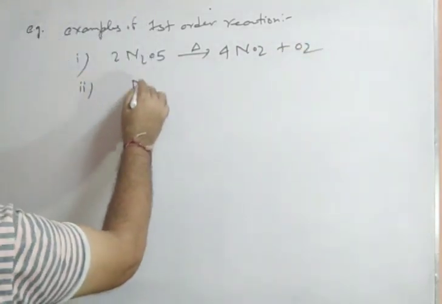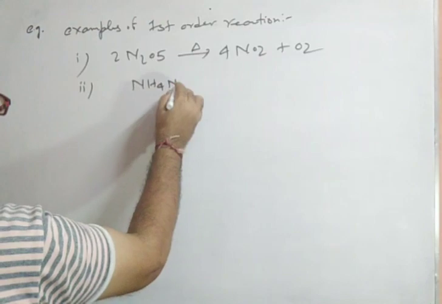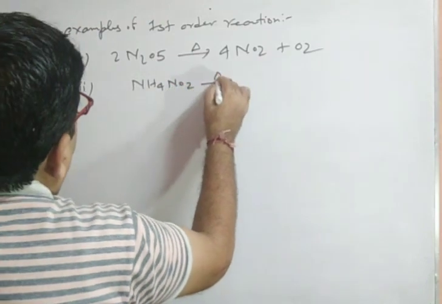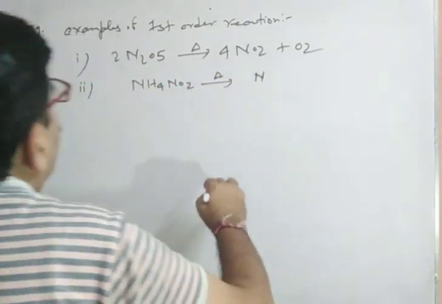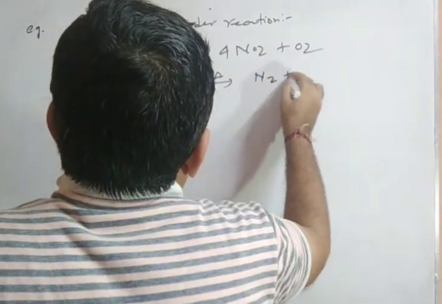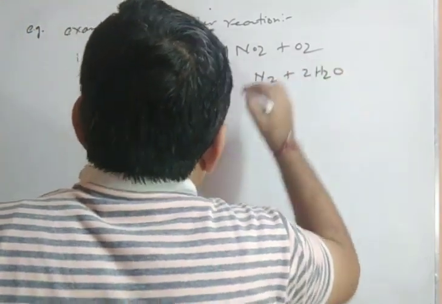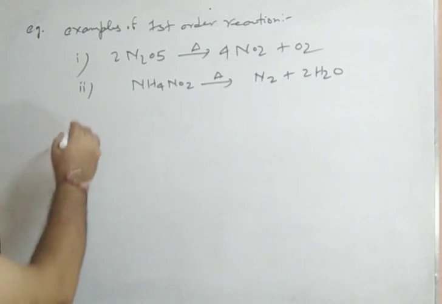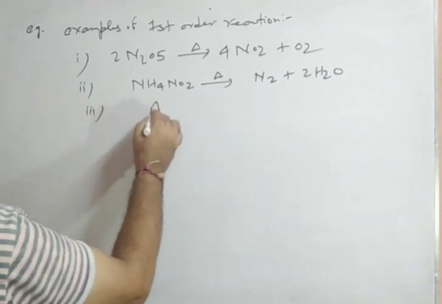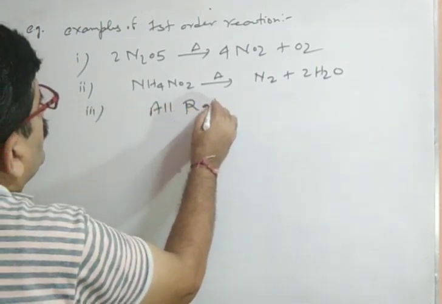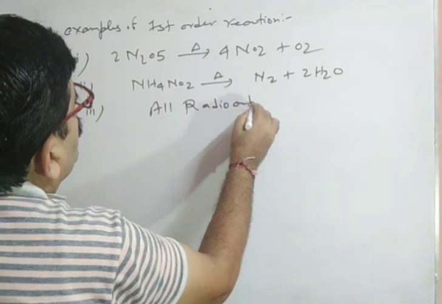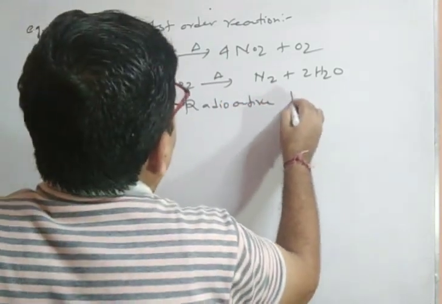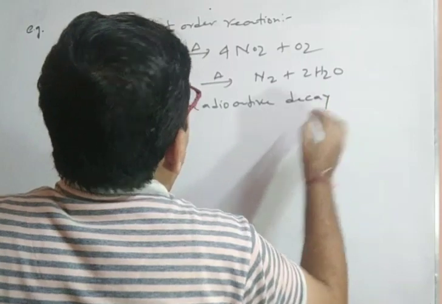Second one, ammonium nitrite after heating produces N2 plus H2O. Third one, all radioactive decay.